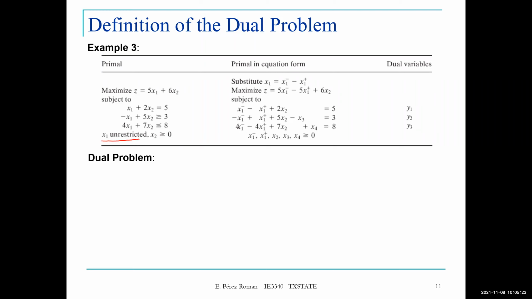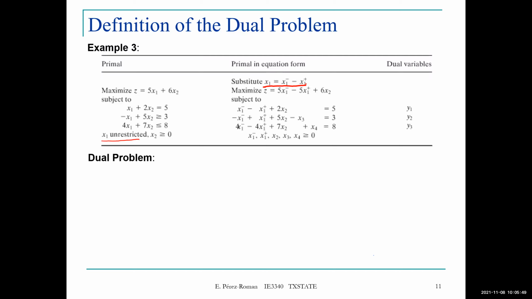If we want to set up this problem into equation form, you remember that we have this substitution. We are modeling x1, which is unrestricted in sign, with 2 variables now: one that assumes negative values and one that assumes a positive number.